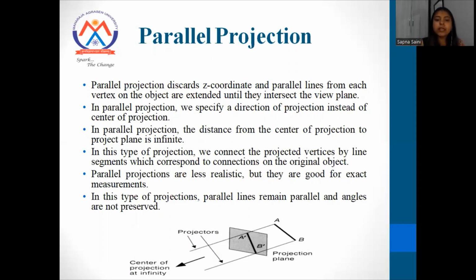In this, we connect the projected vertices by line segments which correspond to connections on the original object. These projections are less realistic, but they are good for exact measurements. In this type of projection, parallel lines remain parallel and angles are not preserved. That means angles could be changed.